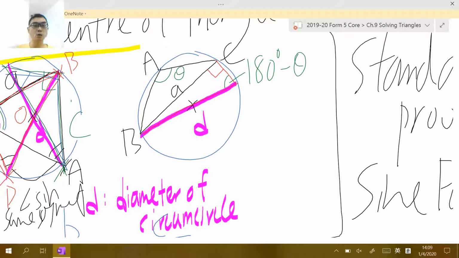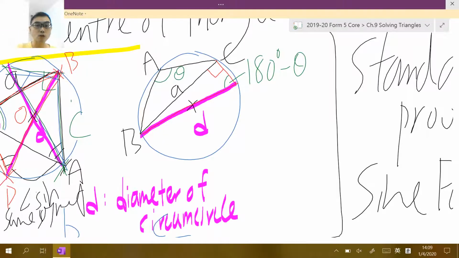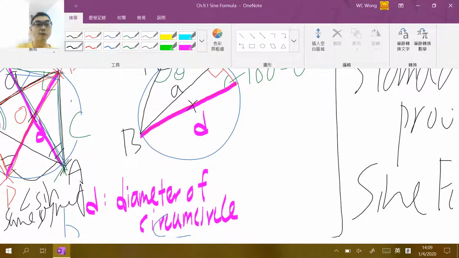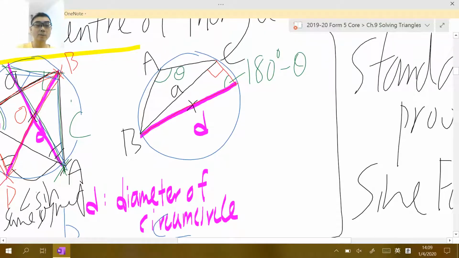So you can also construct a similar thing. If I want to prove A over sine A is the diameter, this time I use the point B again to pass through the center to form a diameter. Then this triangle would be the triangle you can construct. But this time you have to understand that the angle B dot C should not be equal to BAC.